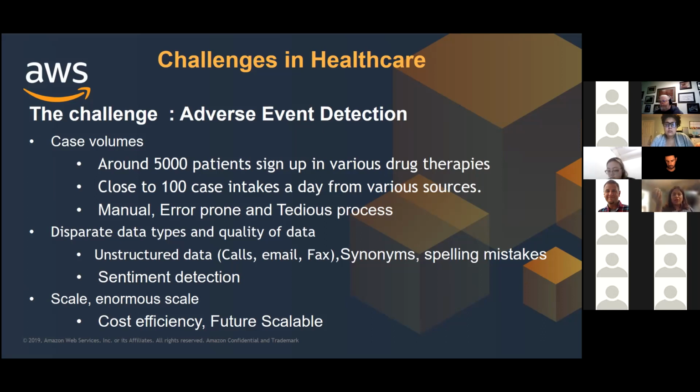For any clinical trials or any new drugs manufactured in the pharmaceutical industry, it is very critical for the manufacturer to know if there are any side effects of the drug. So whenever doctors prescribe that medicine to a patient, they want to monitor it very closely.